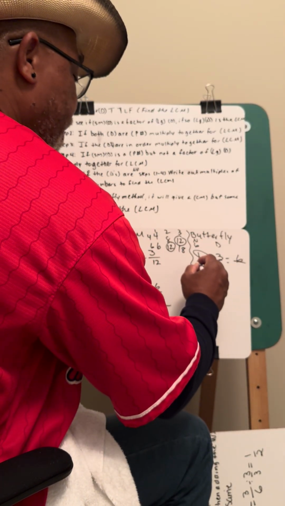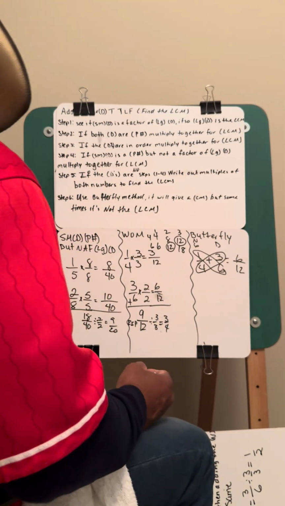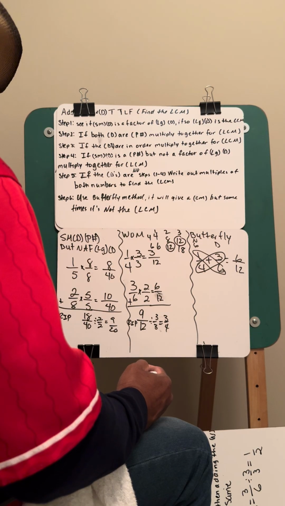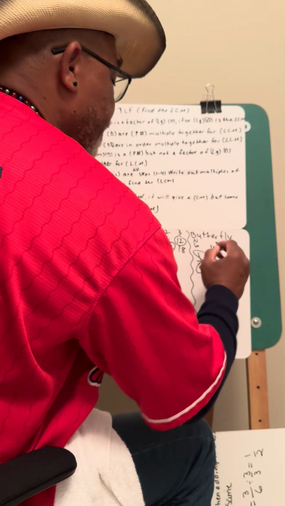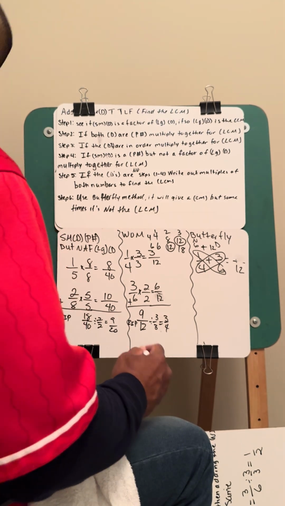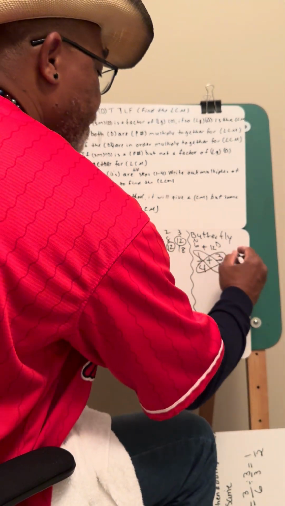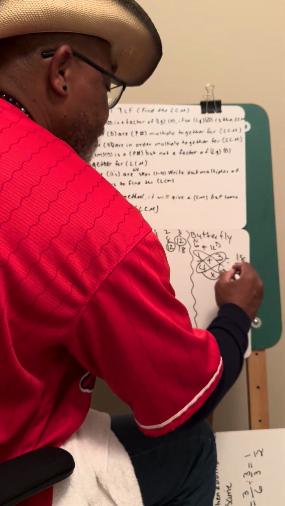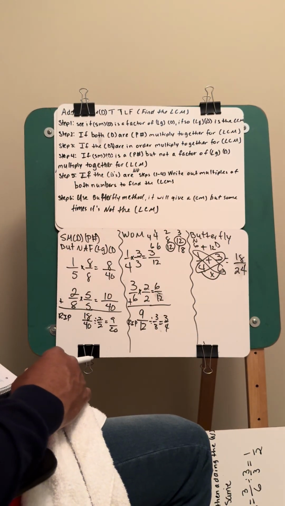And I make a wing this way, which is 12. And I add those two together. Add these two together, that gives me 18. And I multiply these two together, and that gives me 24.